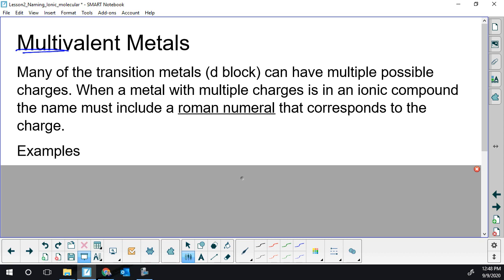So what is the Roman numeral for 1? I. What is number 2 if you're a Roman? 2 I's. Number 3, 3 I's. Seems pretty simple. 4 I's?